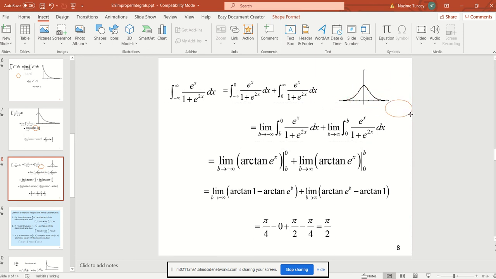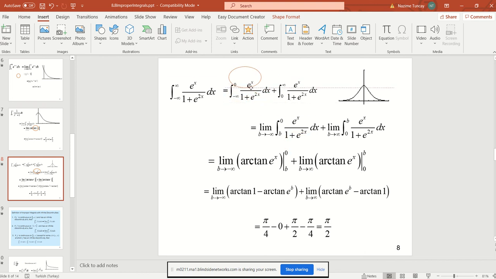So we divide this equation into two parts, and we solve it as a limit equation. Here we start from b, any variable b, a lower border b until 0. First of all we divide this, then we come to here.